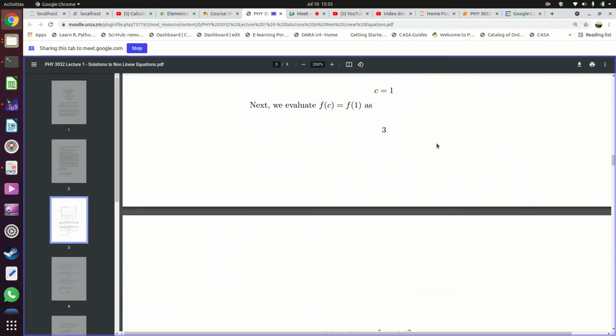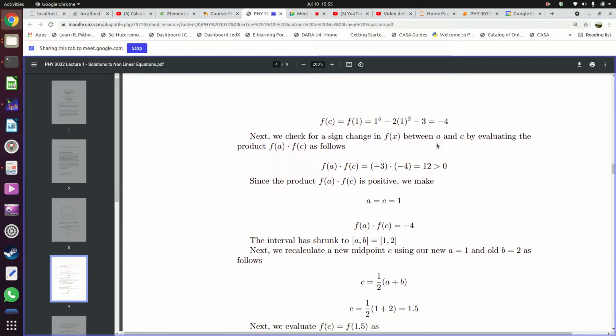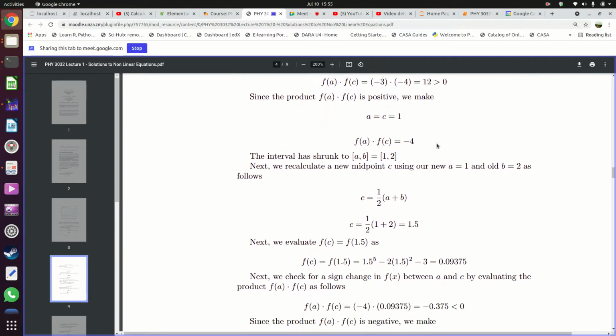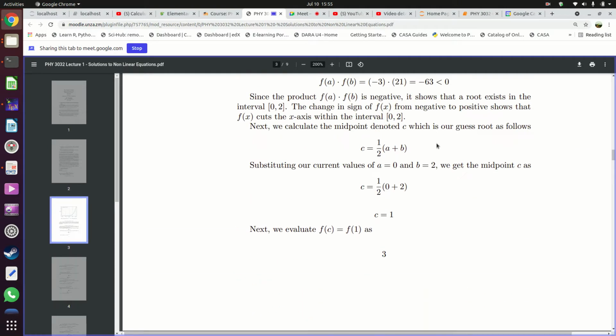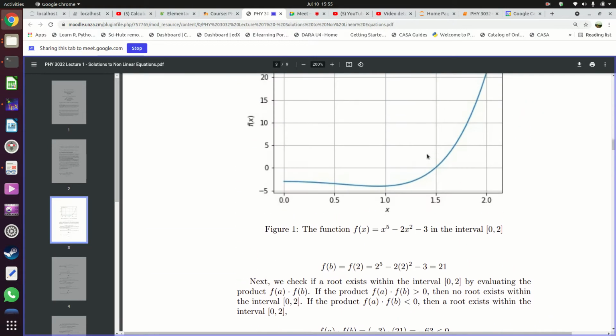Now, with our C at 1.5, we check if the answer, the root, is between 1 and 1.5. We check if the root of this equation is between A, which is equal to 1, and C, which is equal to 1.5.